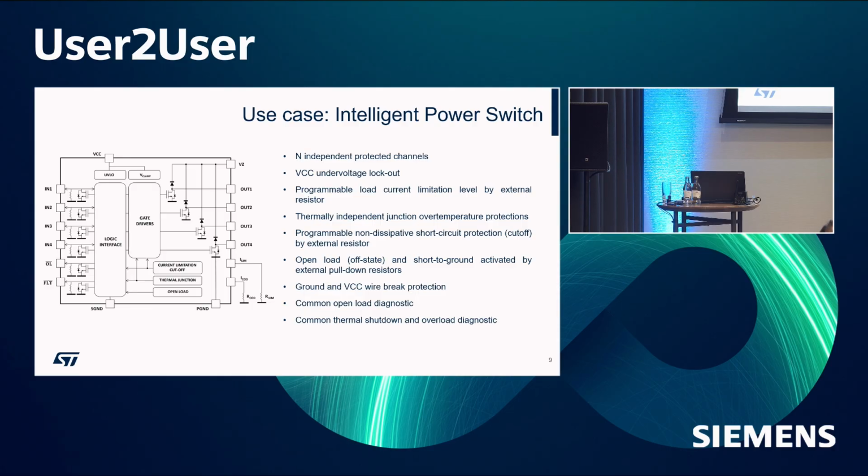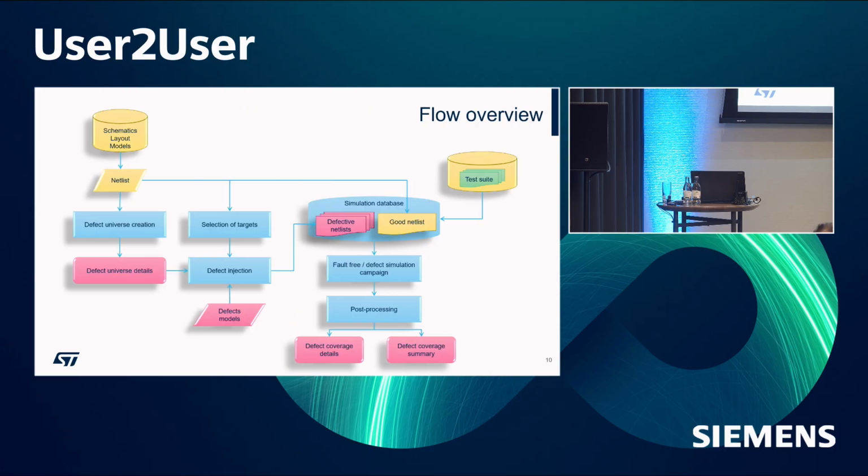So you see that other than the logic core, which is in charge of controlling the device, there are a lot of analog parts in charge of sensing and telling what is happening in the application and in the device.